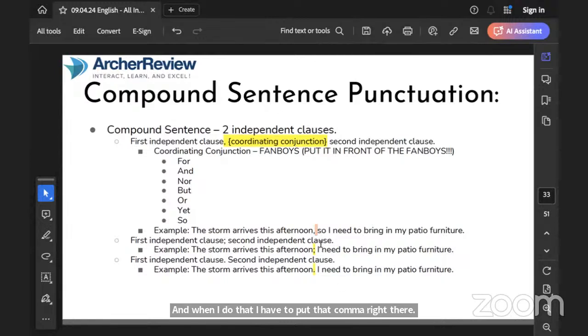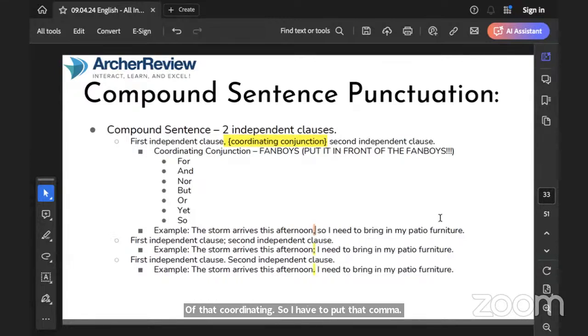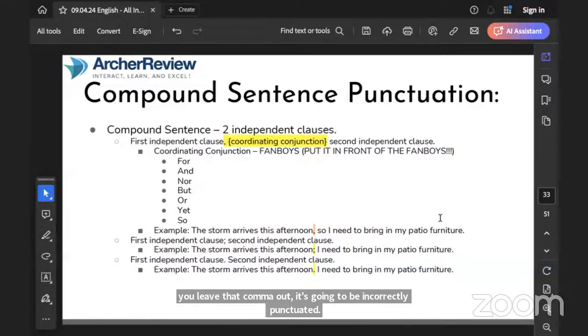Oops, I didn't do it. In front of that coordinating conjunction. So I have to put that comma right there. Okay. If you leave that comma out, it's going to be incorrectly punctuated. So they might ask you that on one of their questions.